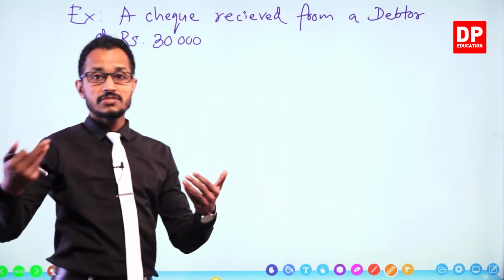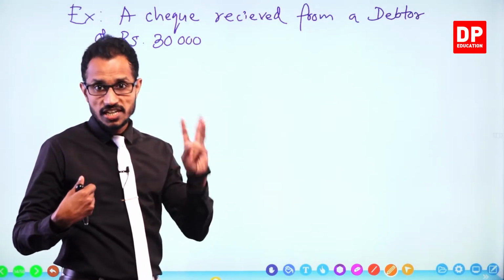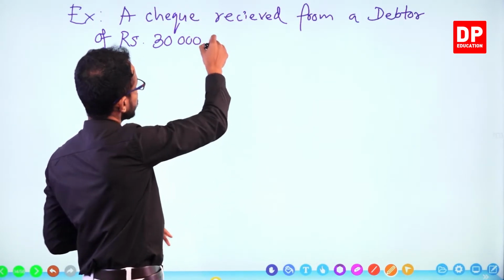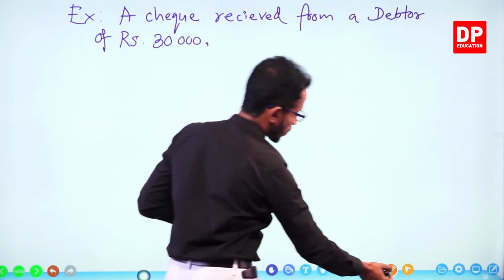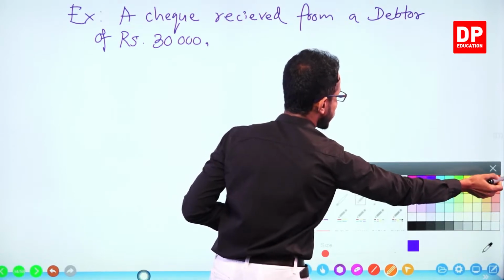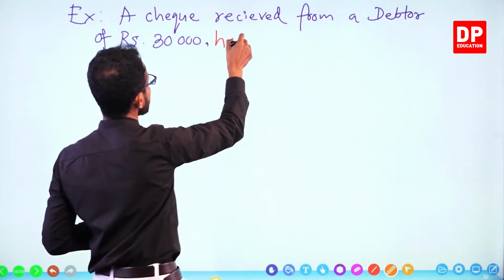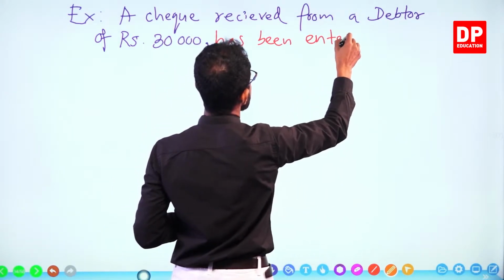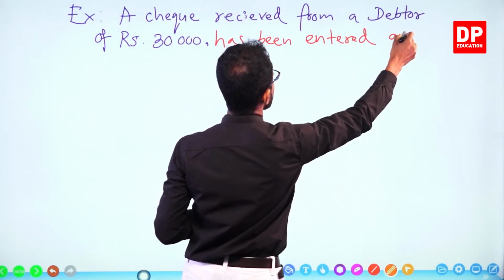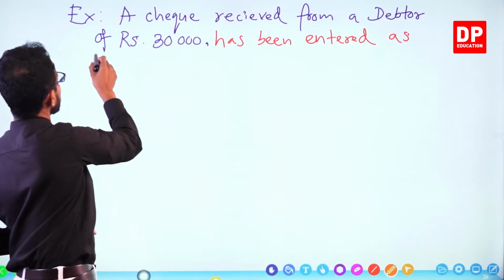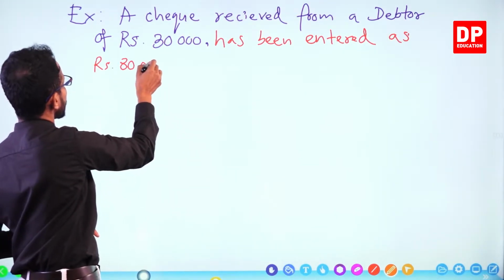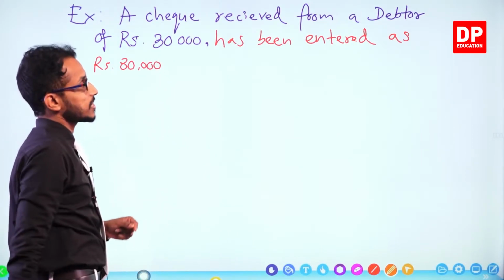The check we received was a 30,000 check. Now the error has been entered as 80,000.